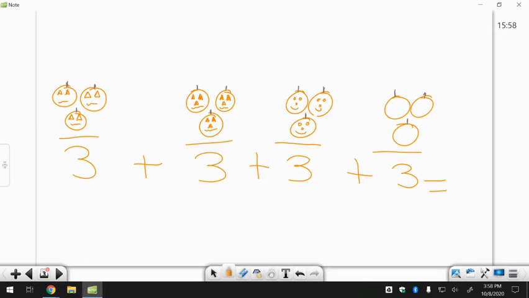So if you used a number line, awesome. If you use your fingers to count up, awesome. If you just counted the pumpkins, awesome. I've been skip counting by 3s for a while now, so I'm going to skip count by 3s. 3, 6, 9, 12 pumpkins.